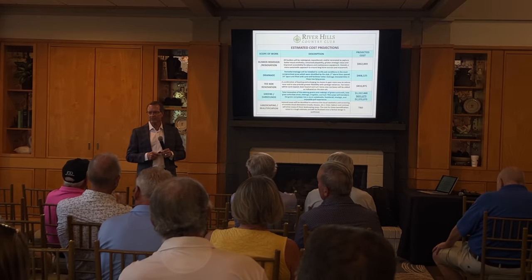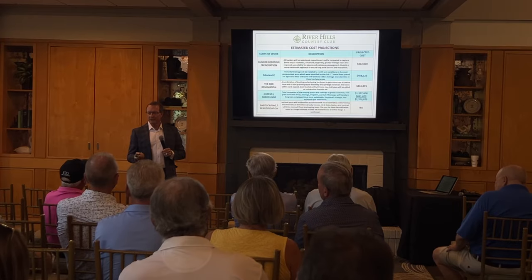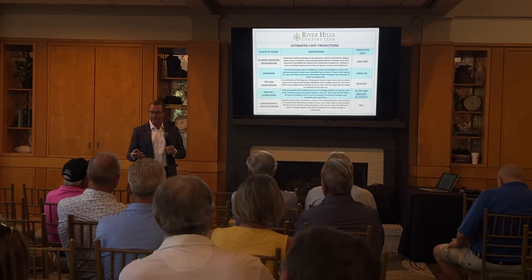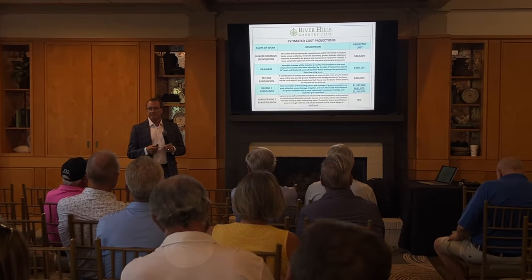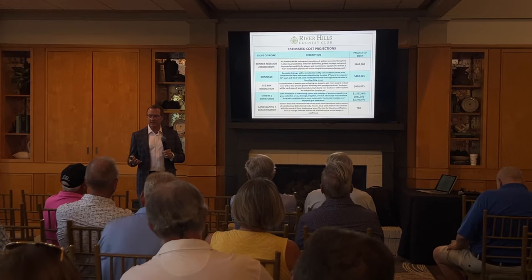I was just wondering if that was taken into consideration. Yes and no. It was more for enlarging the tees, especially on par threes. I think we can look at doing zoysia tees, which are more shade tolerant.